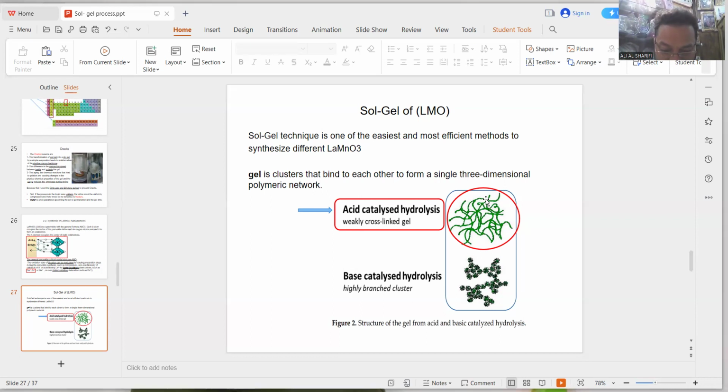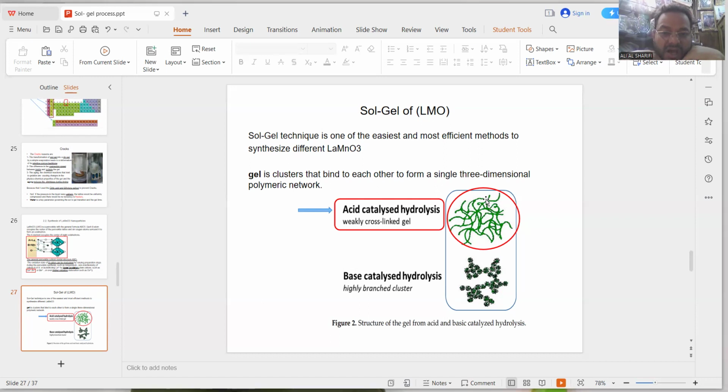Like I said in the previous video, a gel is a three-dimensional polymeric network. It's the reverse of a sol, which was a colloidal liquid. Here we have two kinds of catalyzed hydrolysis, acid and base. Actually, acid gives a weakly cross-linked gel.